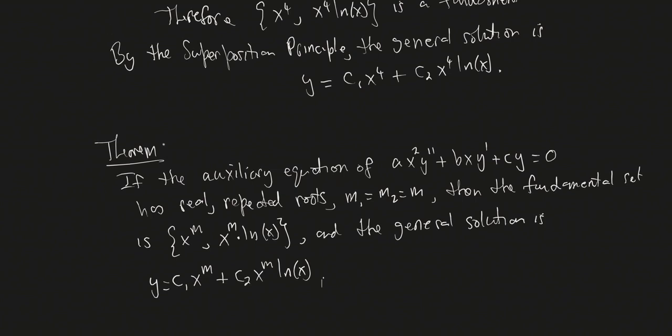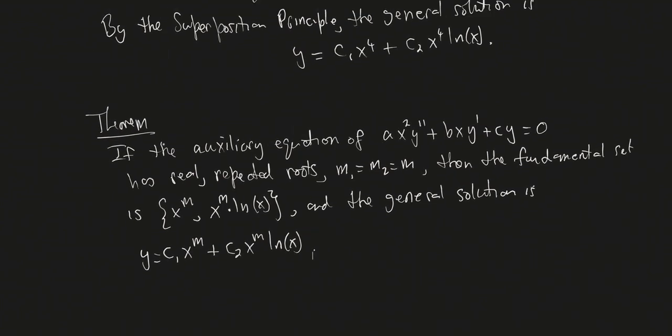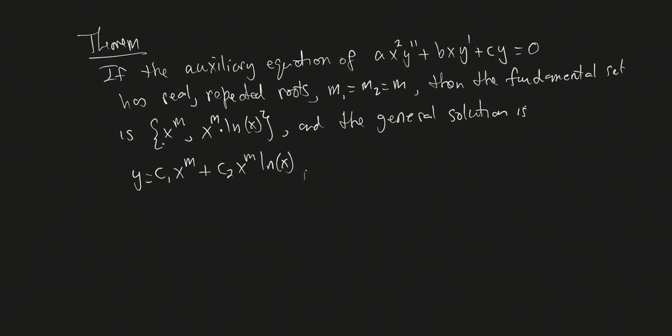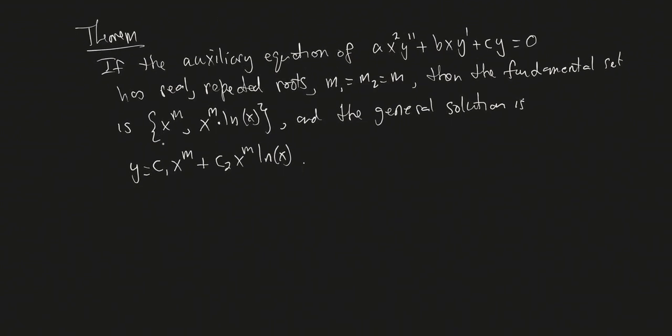All right, let's do another example of this, showing you, now that we have this theorem, what exactly a full problem looks like. And we'll solve for a general solution. I won't do an initial value problem. Actually, yeah, let's do this.